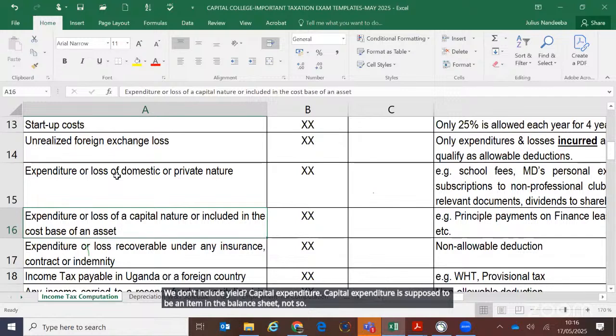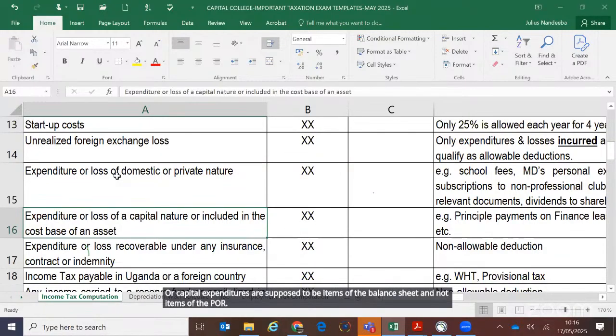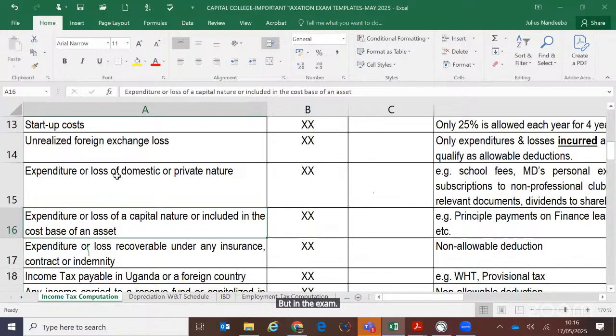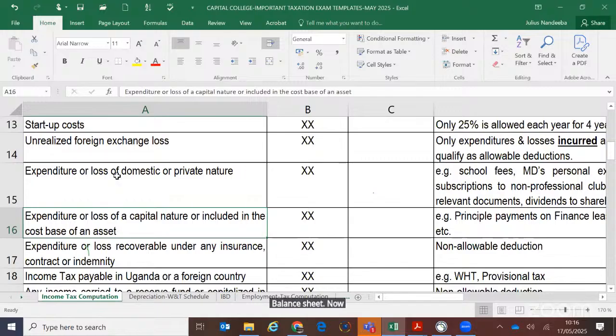All capital expenditures are supposed to be items of the balance sheet and not items of the POL. But in the exam, we are going to put items of capital expenditure in the POL because we want to test whether a student is able to know that capital expenditure does not go to the POL but rather goes to the balance sheet.